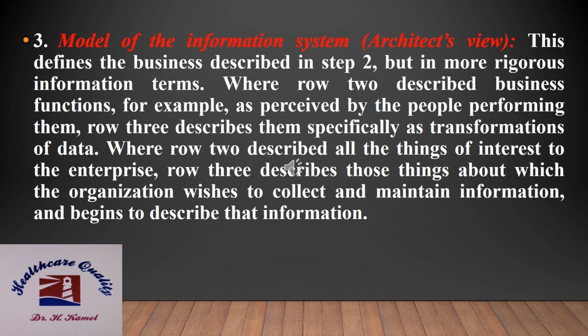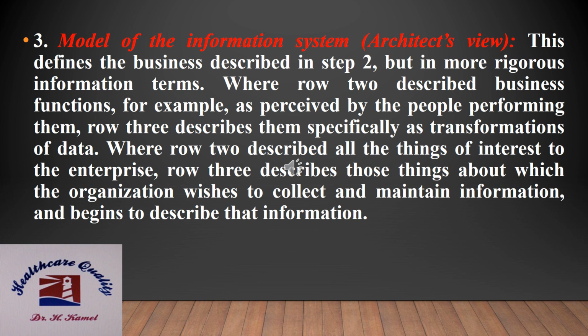Number 3, model of the information system, architect's view. This defines the business described in step 2, but in more rigorous information terms, where row 2 describes business functions, for example, as perceived by the people performing them.